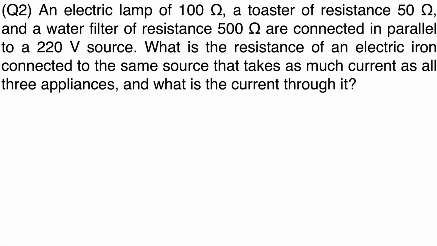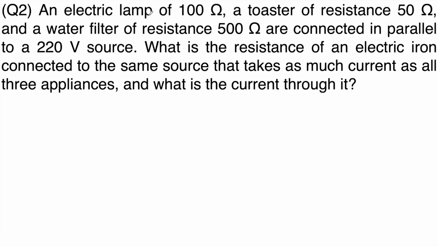Question number 2. An electric lamp of 100 ohm, a toaster of 50 ohm and a water filter of resistance 500 ohm are connected in parallel to a 220 volt source. What is the resistance of an electric iron connected to the same source that takes as much current as all three appliances, and what is the current through it? This is our question.